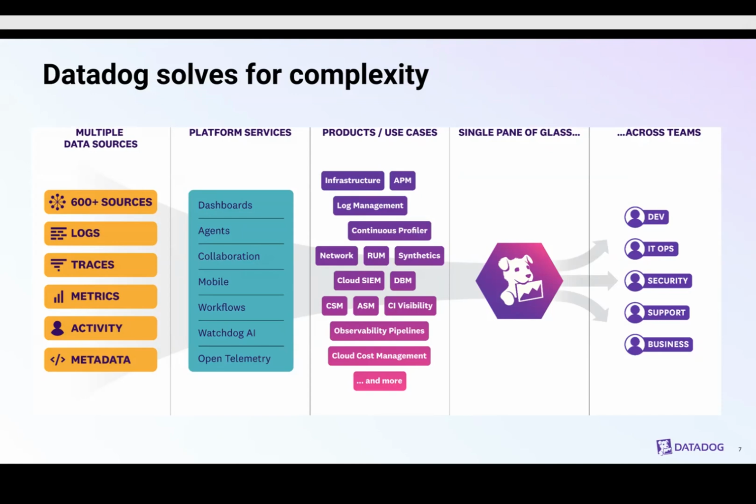Another really cool thing that Anis is going to show in the demo is the dashboards, which is huge, and I think it'll be really cool for you to see. We're focusing on the DevOps side of things, but it's important for everyone across the entire organization, from security, support, business. Those C-levels also need that observability into what's happening to make sure the business is working towards its goals.